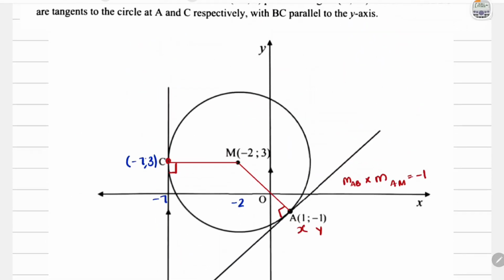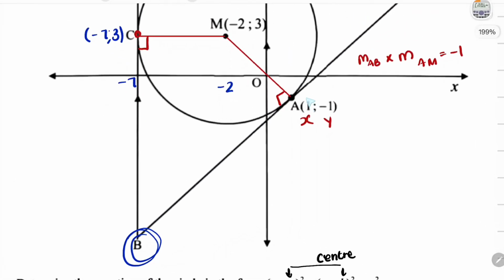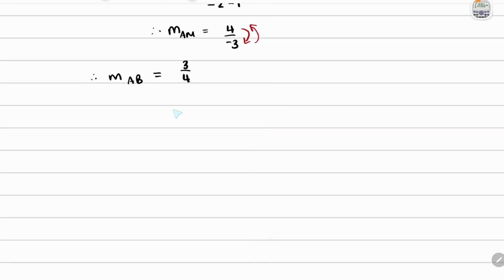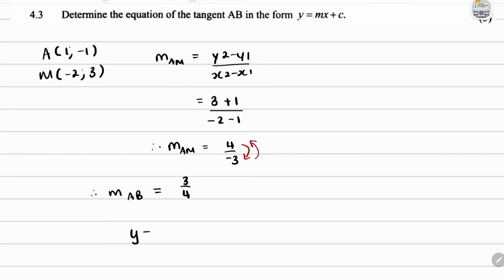We also have 1 point on AB, which is more than enough for us to find the equation of this line. So we're going to use A, and I'm going to use that quick straight line formula. So y minus y1. Okay, so here's our A. I'll take this as my x1 and that is my y1. I'm not writing the full equation because I've already written it in the previous question.